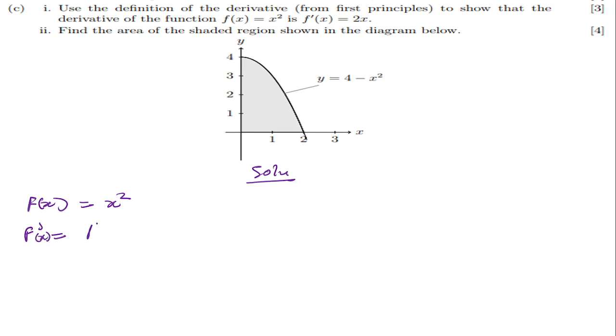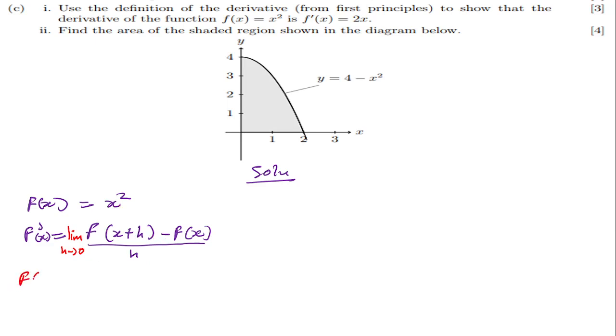You're going to say f open bracket x plus h, and then minus f of x, and then over h. Remember, there is the limit there. You need to put limit h approaching what? 0.